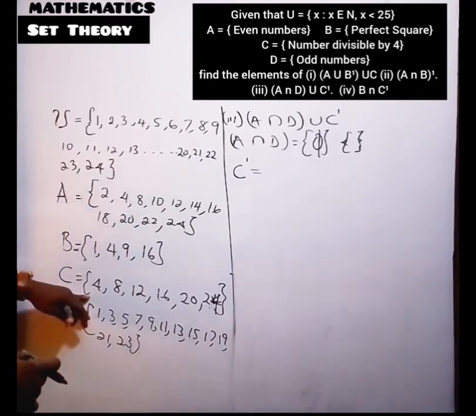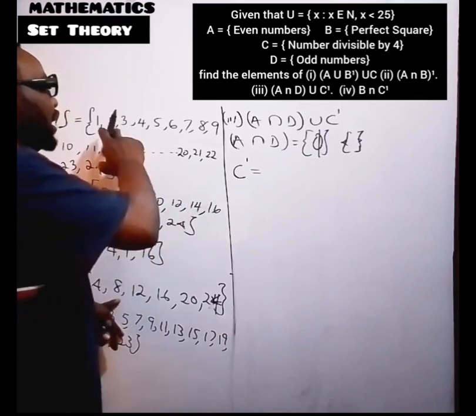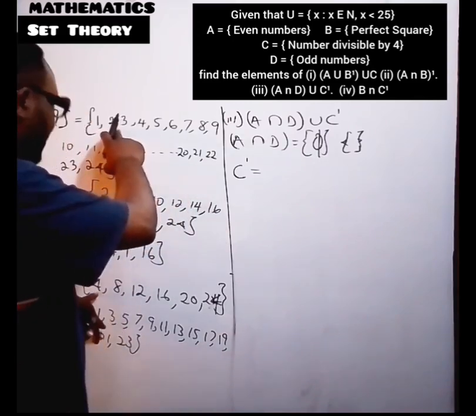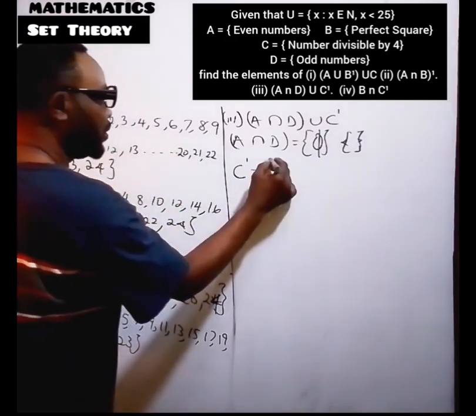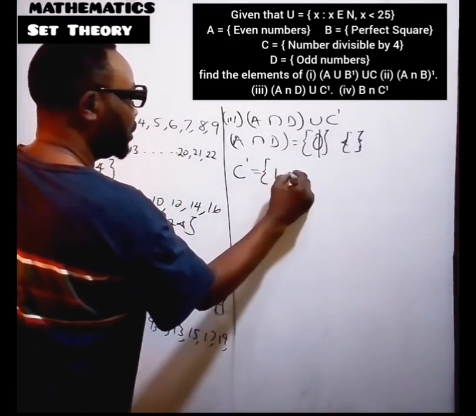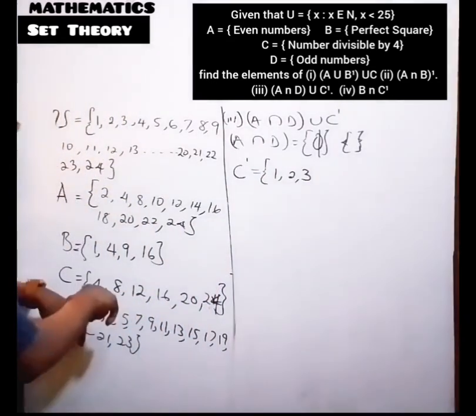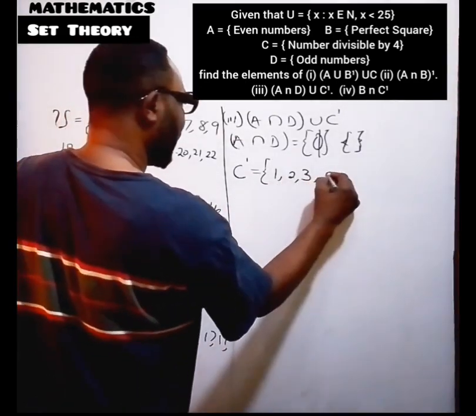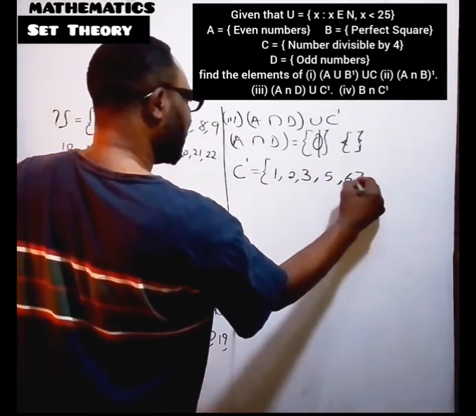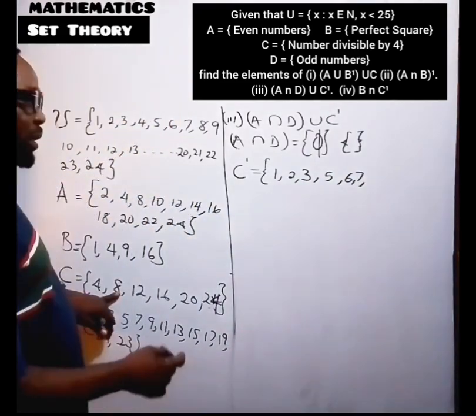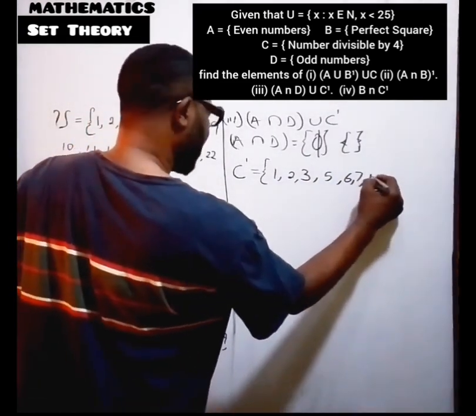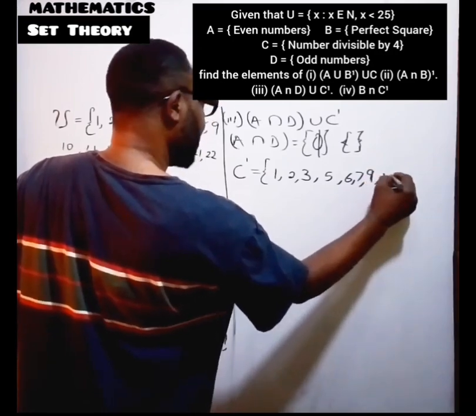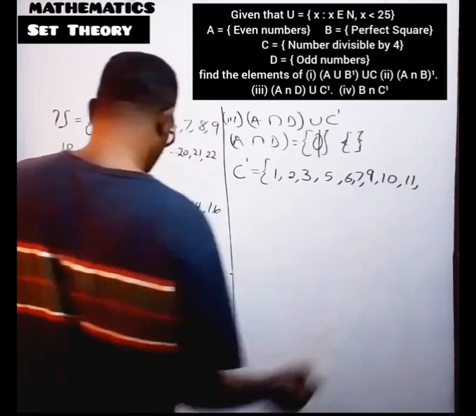C complement, those are the values that are inside the universal set but not in C. We are going to have 1, 2, 3. 4 is here, so we don't need to mention 4 again. Next, 5, 6, 7. 8 is here, no need to mention 8. That's 9, 10, 11. 12 is here.